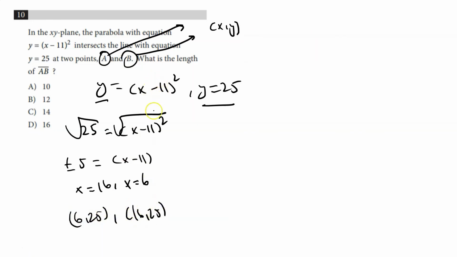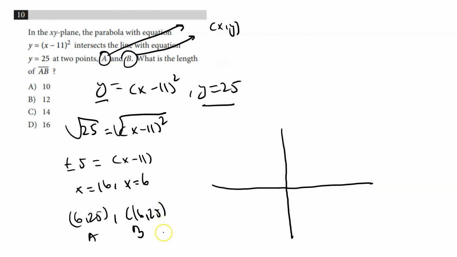And we want to find the distance of the line segment AB. So how do we do this? I am going to graph these 2 points, or attempt to graph these 2 points on the same graph, and see if we can find their distance that way.